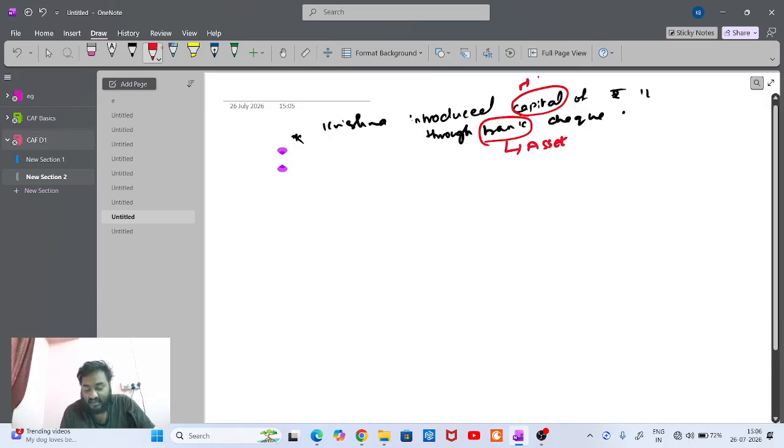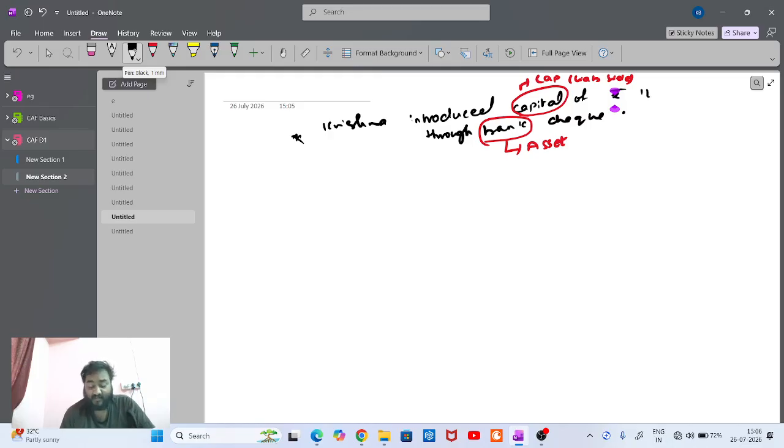Capital is capital itself and comes under the liability side. Whatever I'm writing, please keep notes on this, but with better handwriting. Cash has come to the business, cash or bank.